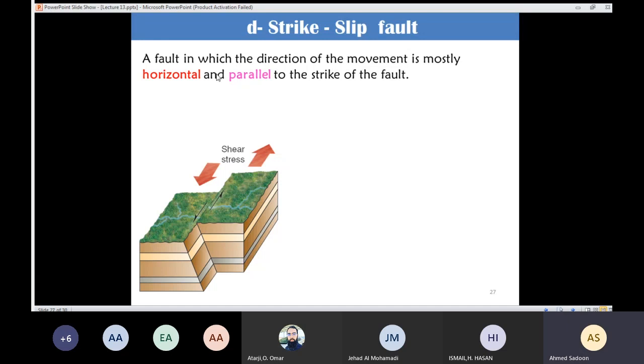So that case is described by a fault in which the direction of the movement is mostly horizontal and parallel to the strike of the fault. So this one is the direction of the dip, and this one is the direction of the strike. And in case of strike slip fault, as you might have guessed, the movement is going to be in the strike direction, not in the dip direction.